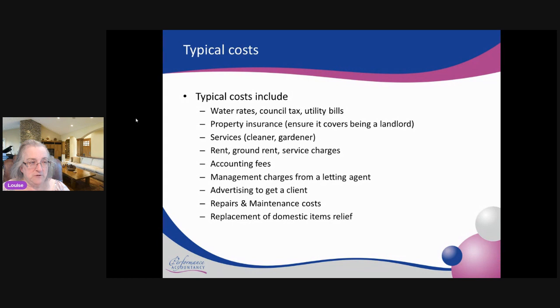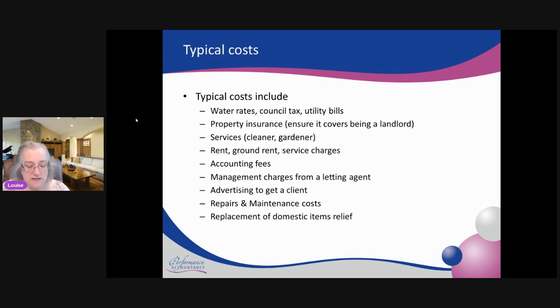You might have to replace certain units in the kitchen and bathroom, but not an upgrade to the kitchen and bathroom. And things like treating damp rot or wet rot. That type of thing would be covered under repairs and maintenance.